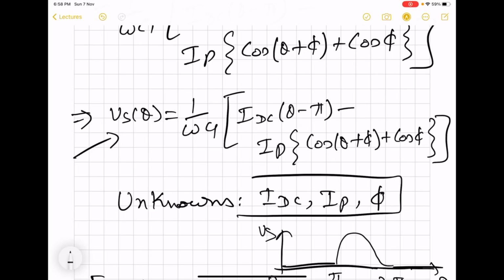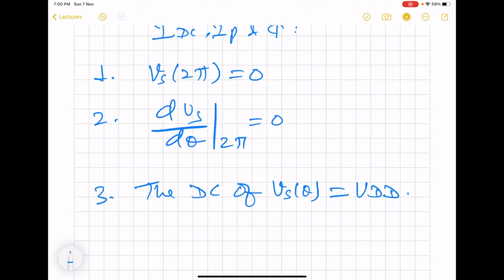So this is going to be the third condition that will be used for finding out those unknowns. The DC of V switch is equal to VDD. So these are the three equations which we will be using one by one.